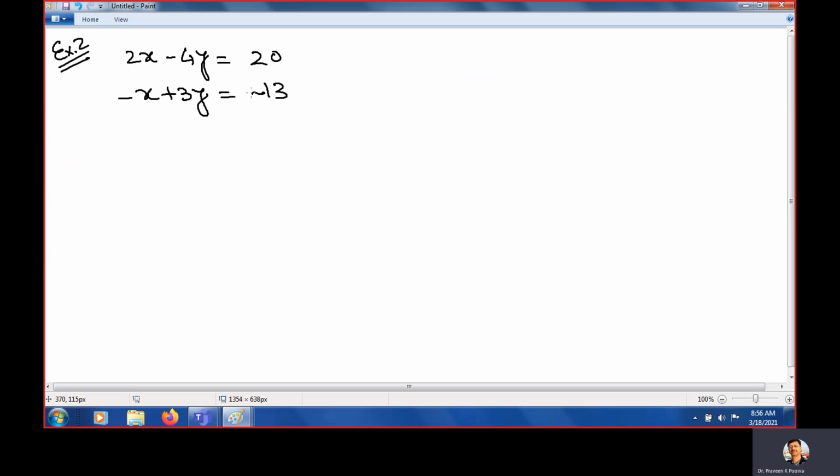You need to find the value of x and y using Cramer's rule. So the first step is the same: write the equations in matrix form.